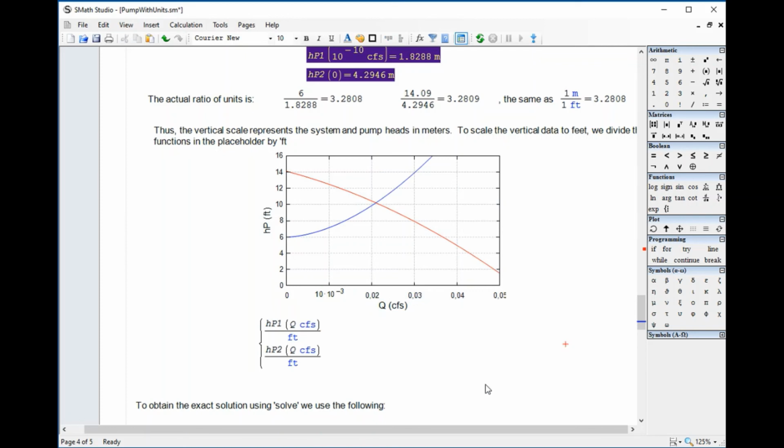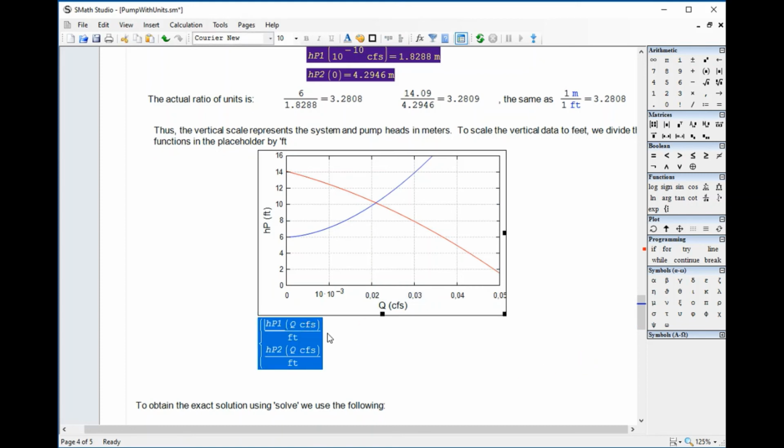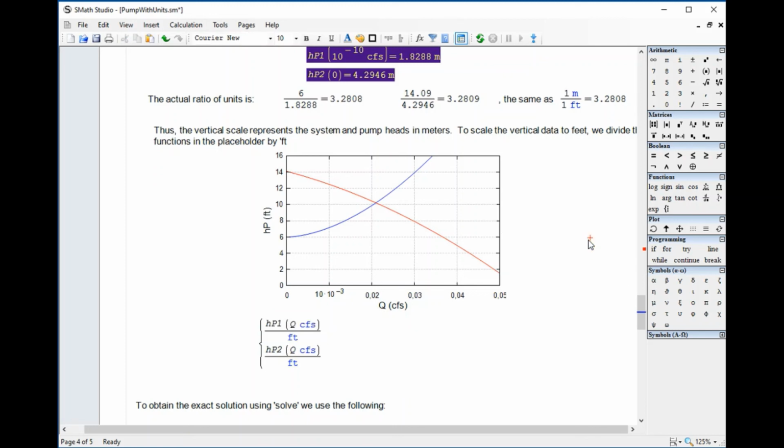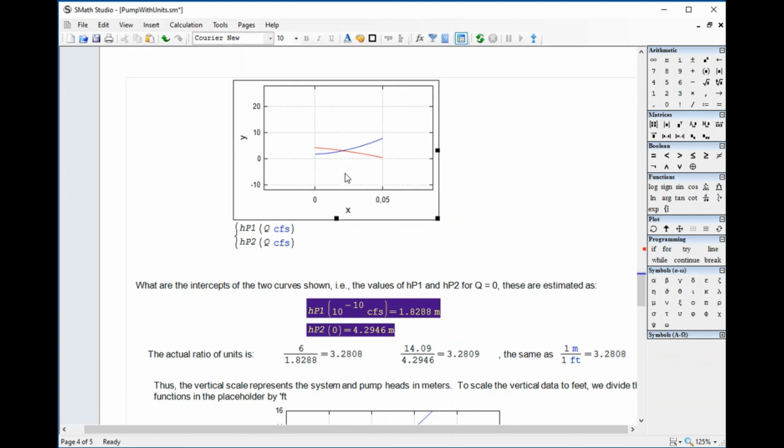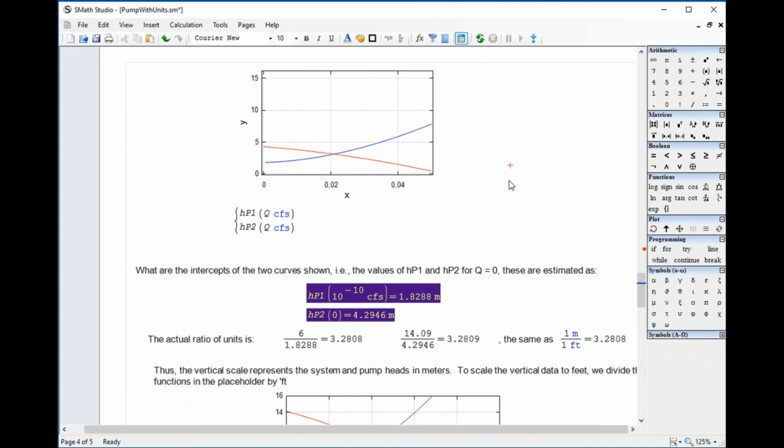When you do that, the absolute number that you get will actually represent feet. So this is something you need to be aware of when using units in graphs. Make sure that the function you're going to plot has the proper units for the independent variable, and that it is scaled to the units that you want. Basically, what's happening here is that you're getting your values in meters, because by default, SMath Studio tends to give you units of the international system.